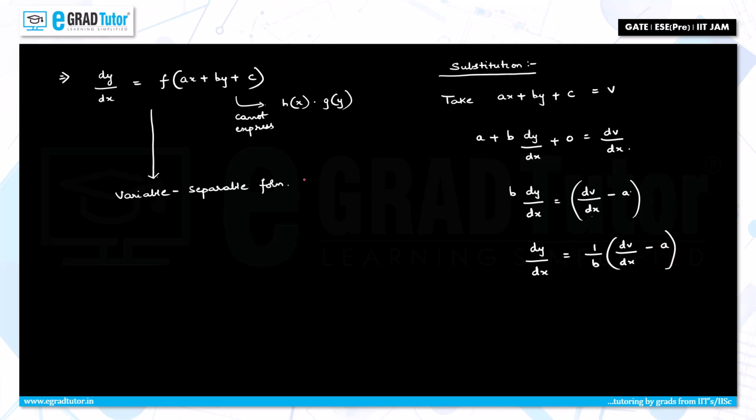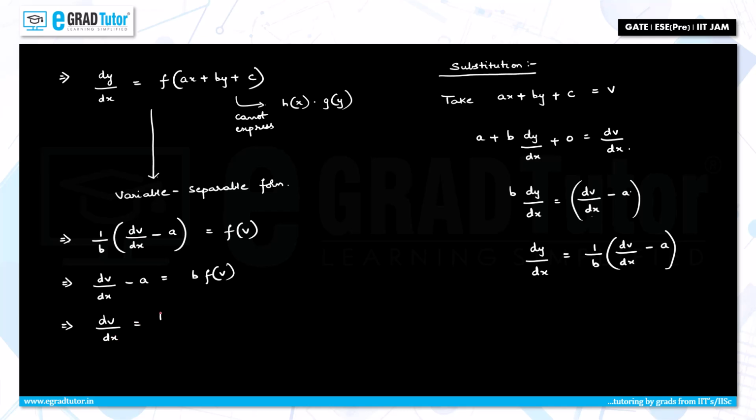Now let's substitute this here. What do we get? dy by dx, as 1 by b times dv by dx minus a, is equal to f of v. So this is nothing but dv by dx minus a is equal to b times f of v. Now dv by dx is equal to b times f of v plus a.